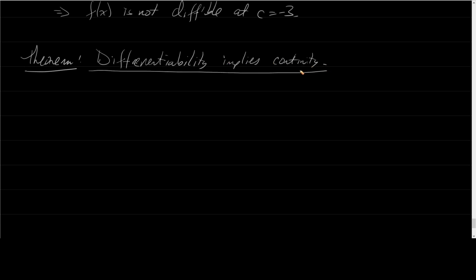And this is what it says. If f is differentiable, so I'm going to say diffable, at c, then f is continuous at c, all right?